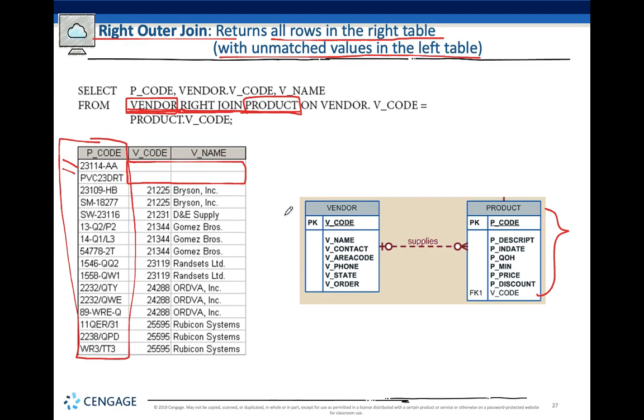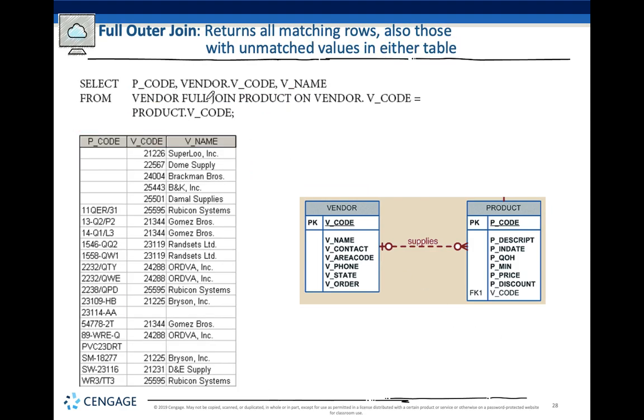Now you can imagine what a full outer join would do. A full outer join would return all rows. A full outer join, that is the third type of outer join, returns all matching rows, also those that are unmatched in either table.